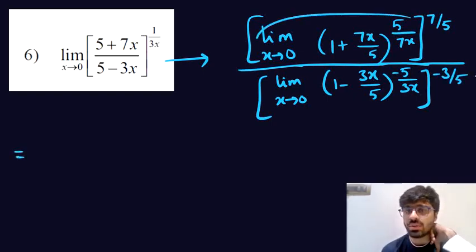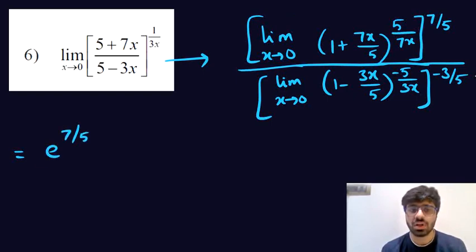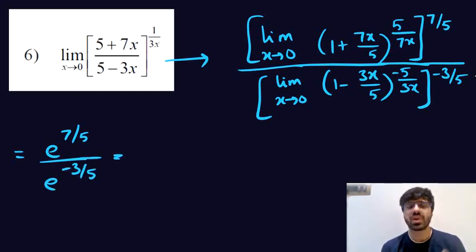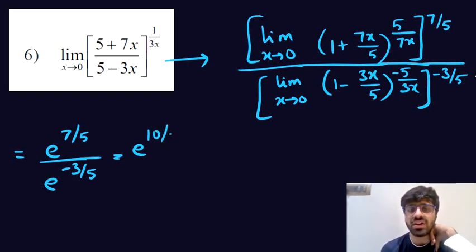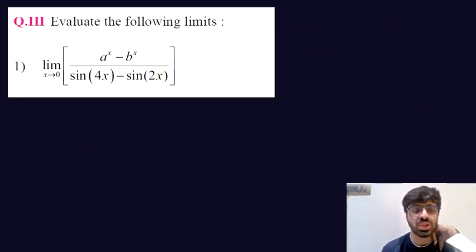So now the inner term becomes equal to e. We have e power 7 upon 5 divided by this becomes equal to e. So we have e power minus 3 upon 5. E power 7 by 5 upon minus 3 by 5, that will be e power 7 by 5 minus of minus 3 by 5, that is e power 7 by 5 plus 3 by 5, that will be e power 10 by 5, but that will be equal to e power 2. So e square is the value of the sixth question.